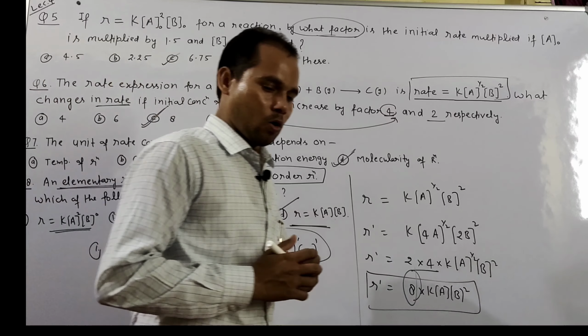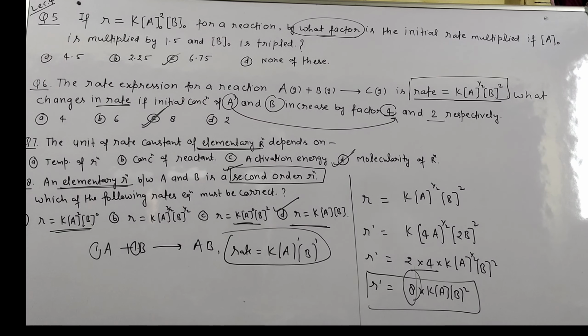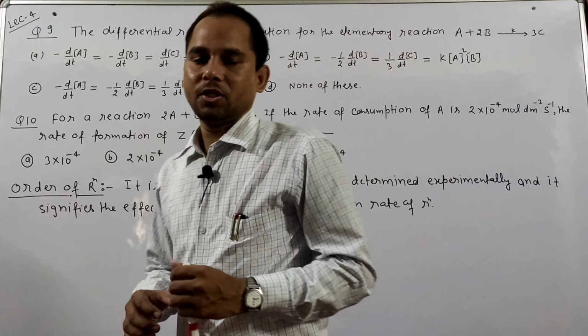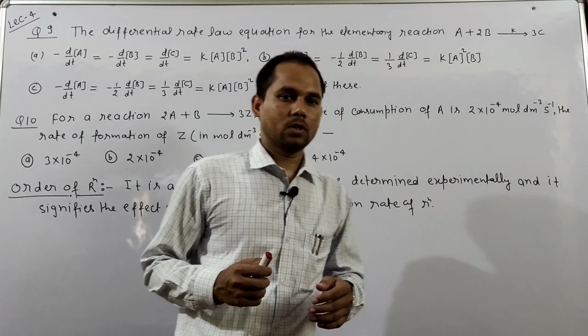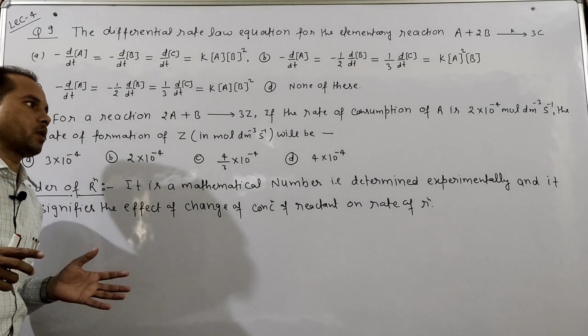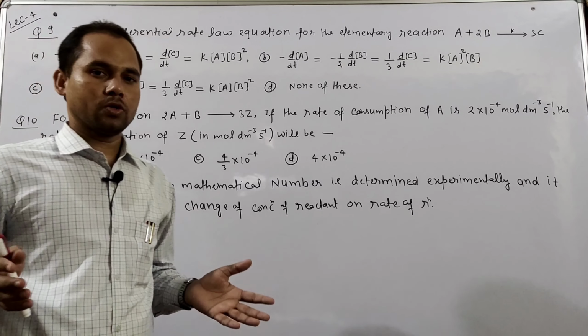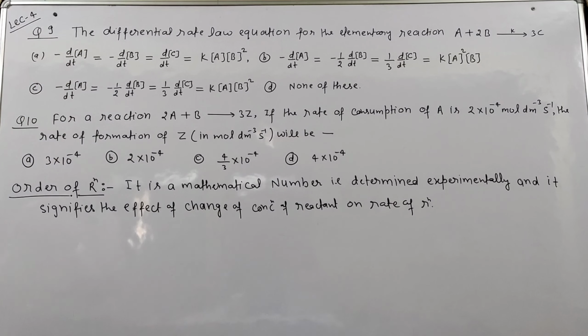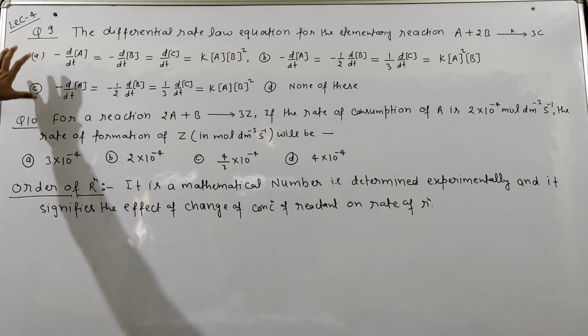Okay, now we will give you some homework, and then we will discuss the order of reaction. On the basis of the previous concepts, rate law expression and rate constant, we give two questions for your homework, question number 9 and 10.